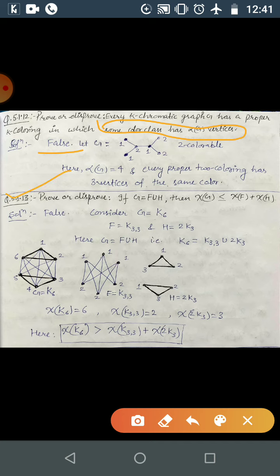Now come to question number 13. Prove or disprove: if G is the union of F and H. It is not given that this is the disjoint union of F and H, so we can take the same vertices of F and H, some vertices or all vertices the same. Then the chromatic number of G is less than or equal to the chromatic number of F plus the chromatic number of H. Is this true or not?